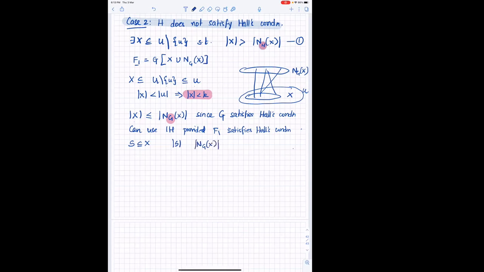You must recall that it is less than or equal to. Why is that? S is a subset of X, which is a subset of U, and G satisfied Hall's condition. So for every subset of U, this should have been true. Is this clear? If it is not clear, please stop us. We don't want to finish Hall's theorem.